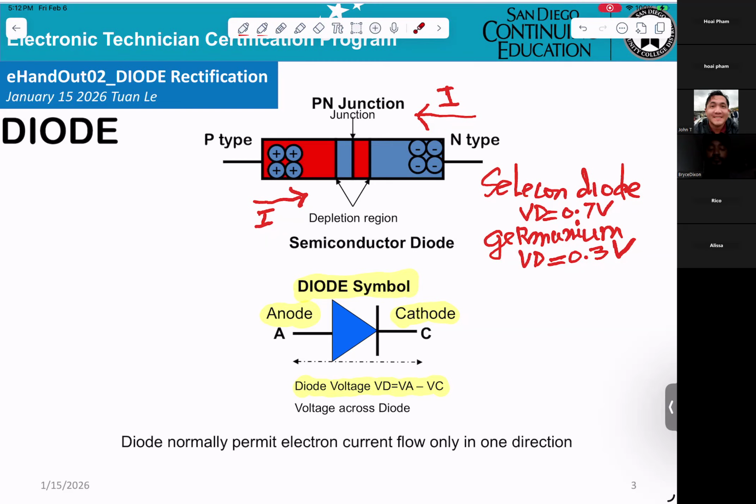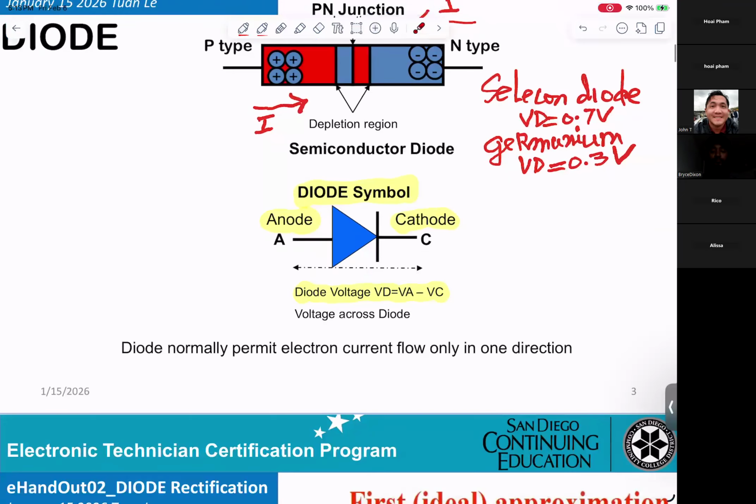So when you see the symbol, you have to understand this is a diode. One side anode, the other side cathode, and the voltage across the diode will be VAC. That means VD, and VD equals VA minus VC.